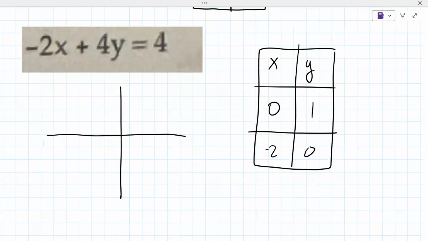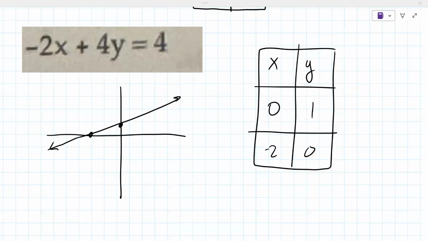Right, so here's the first point, here's the other point, something like this. Is that what your graph looks like? Yes. All right. So you did a great job on those.